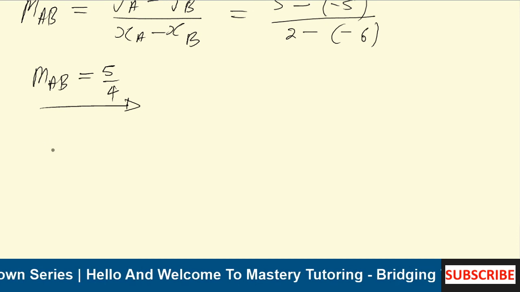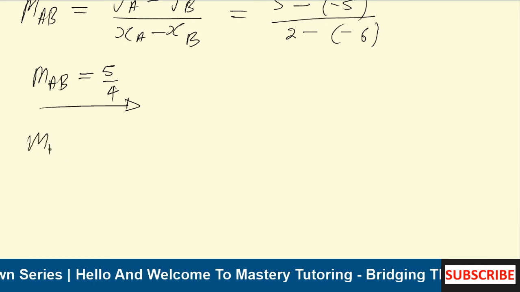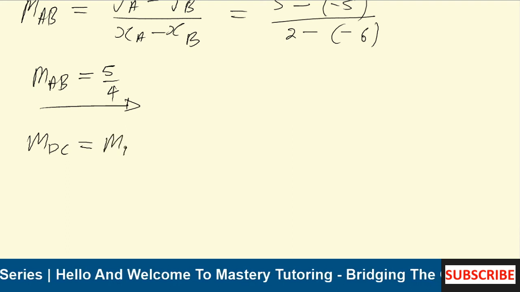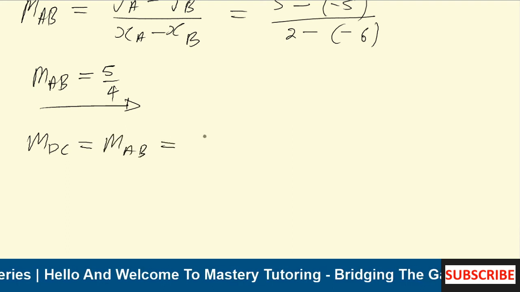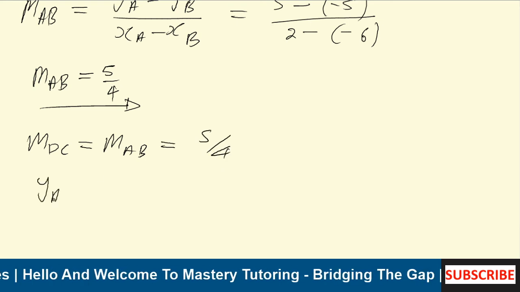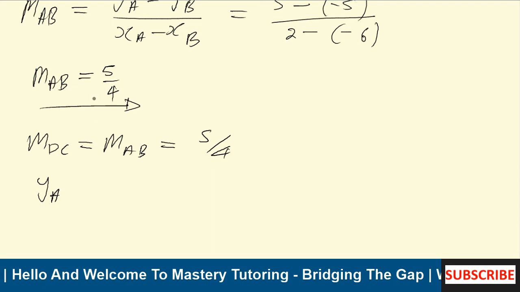As I've already mentioned, MDC is equal to MAB, which is equal to 5 over 4. Now we're going to go ahead and determine the equation of DC.